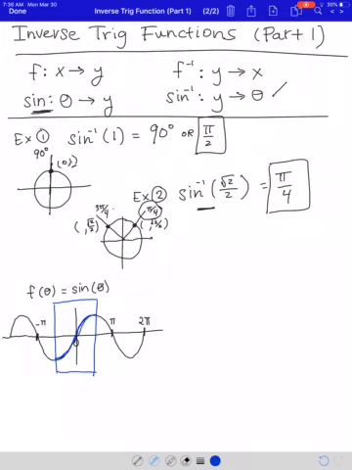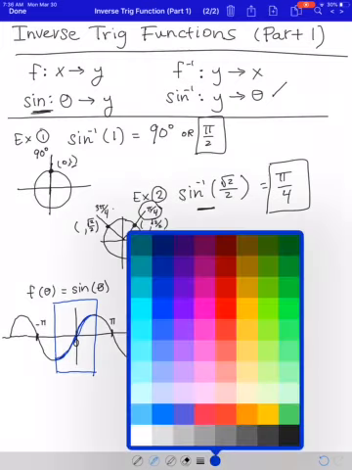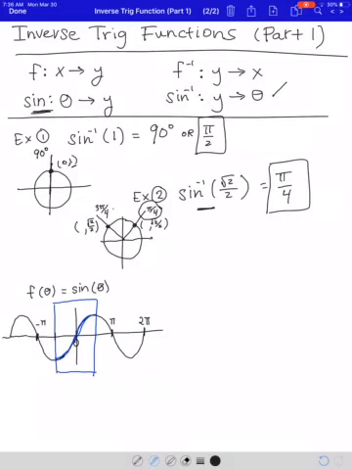It passes the horizontal line test. And what is this interval? This theta value is negative pi over 2. This one over here is positive pi over 2. And so this tells us that our sine function is 1-to-1 on the interval negative pi over 2 to positive pi over 2. Or in degrees, that would be negative 90 degrees to positive 90 degrees.